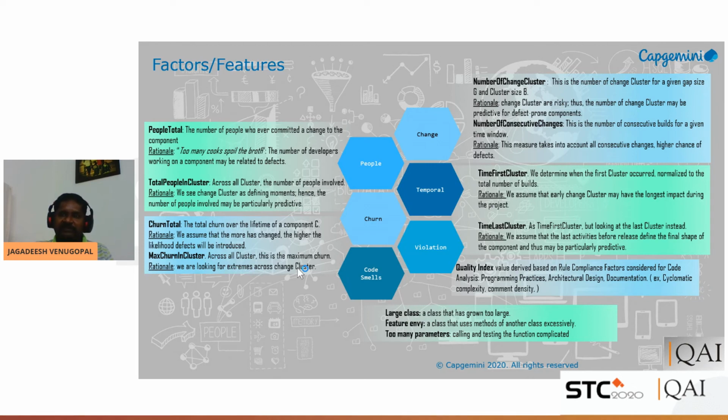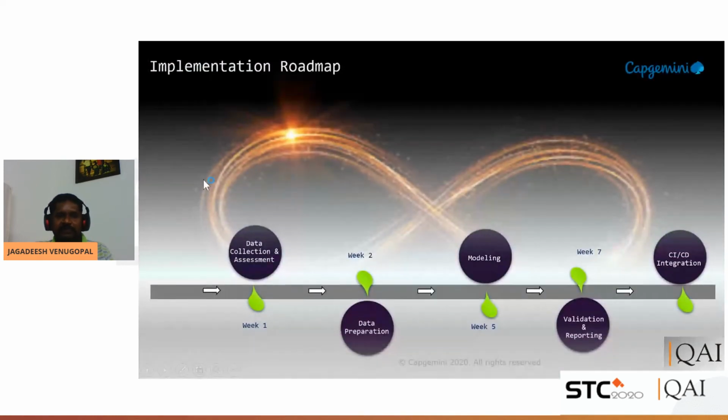If I'm making a change to a file to fix a defect, I can assume that file was defective until I made that change. With this analogy, we label it, and then we apply a set of classifiers to come up with the probability. Based on the probability, we identify a file as high risk, medium risk, or low risk.